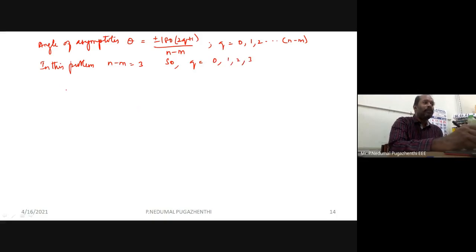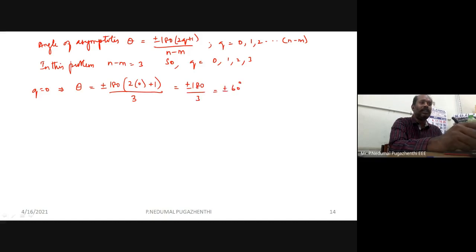So let me start with the first one. For q equal to 0, if you substitute in this formula, theta will be equal to plus or minus 180 times 2 times 0 plus 1, divided by n minus m, which is 3. So you get plus or minus 180 divided by 3, which is equal to plus or minus 60 degrees.